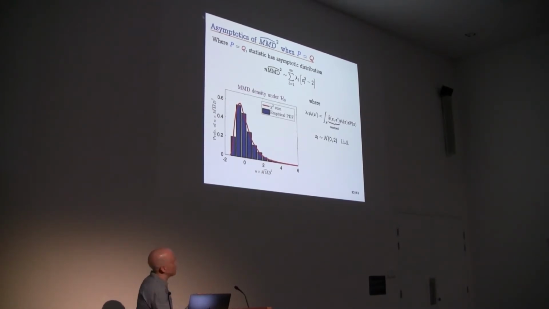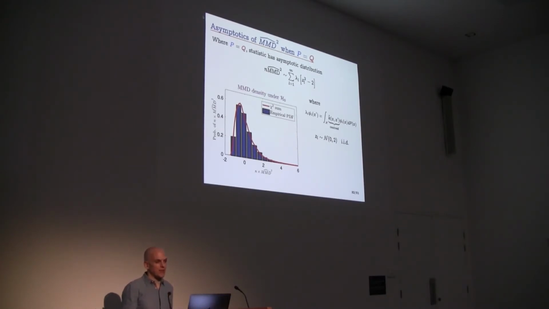And the coefficients of this infinite weighted sum are a little bit hard to learn because they're the eigenvalues of this eigenfunction equation, which is a function of the kernel, which we know, and also of the distribution P, which we don't. So these coefficients are themselves tricky to get. The asymptotic behavior of the MMD when P and Q are the same is, I think, very technical to figure out.